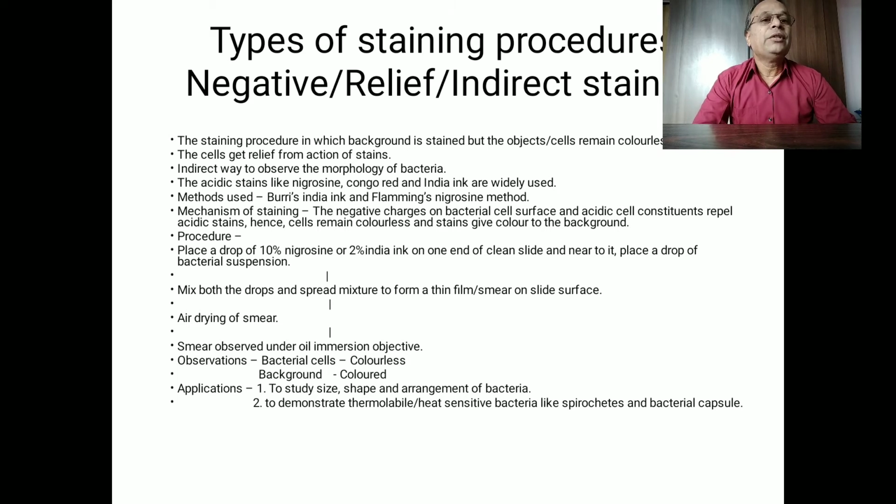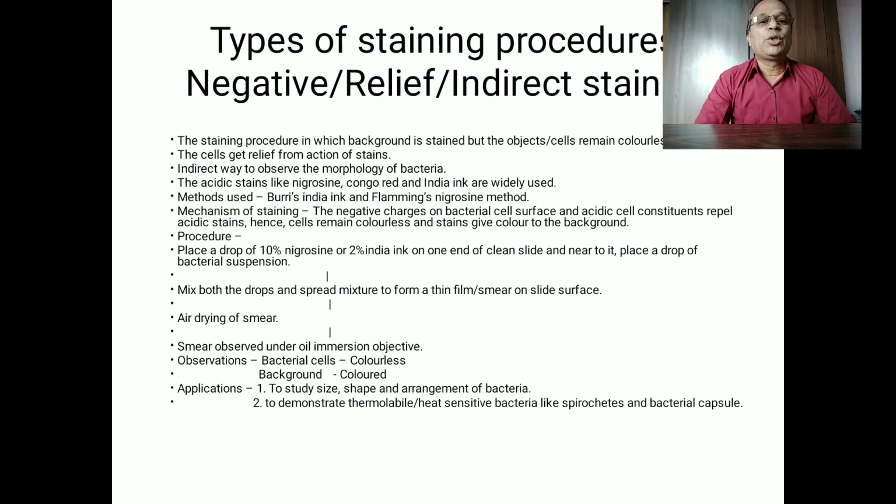And we know that there is repulsion between like charges and attraction between opposite charges. So when an acidic stain is applied, cells do not accept the color and hence remain colorless, while the applied stain gives color to the background. In this way, we will observe colorless bacterial cells against a colored background.